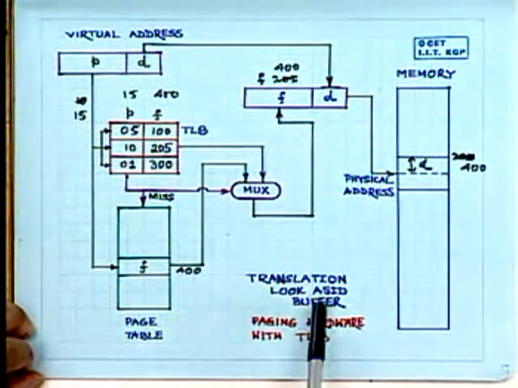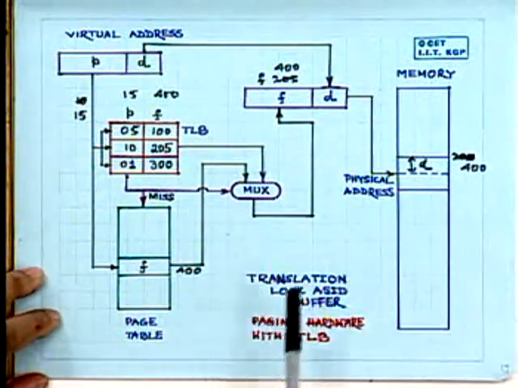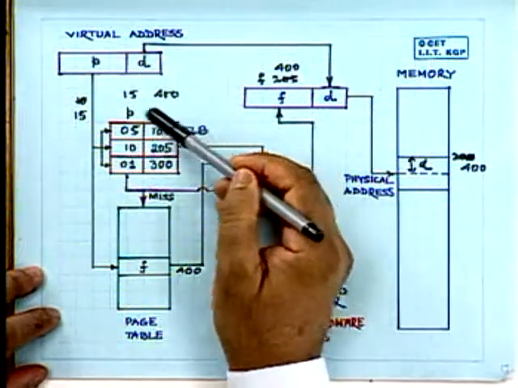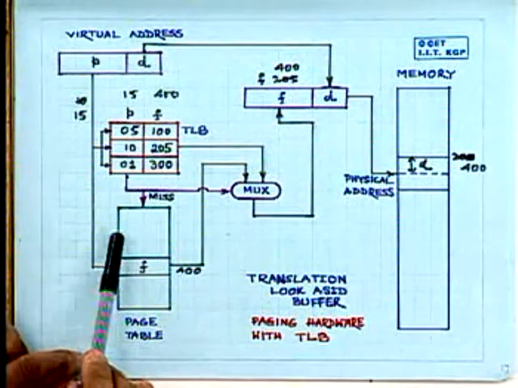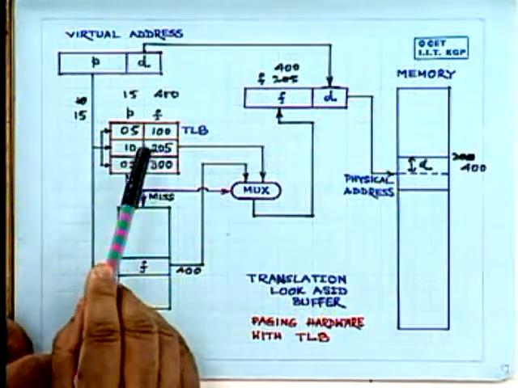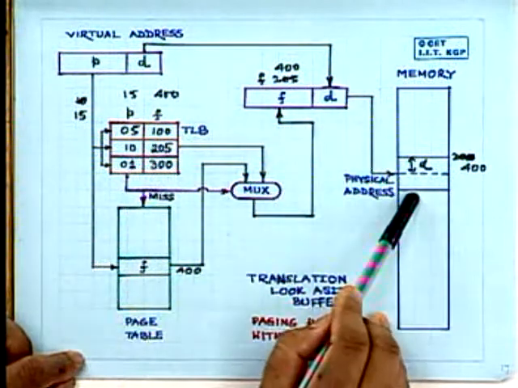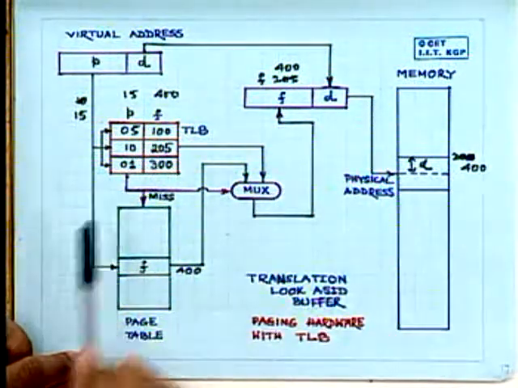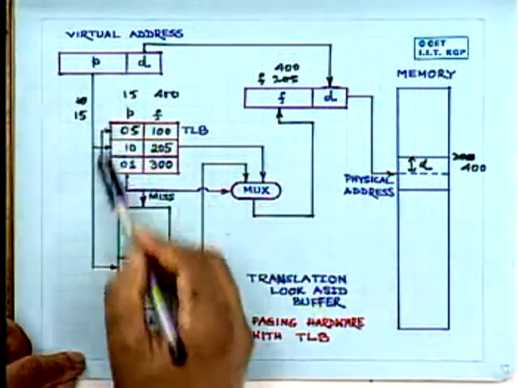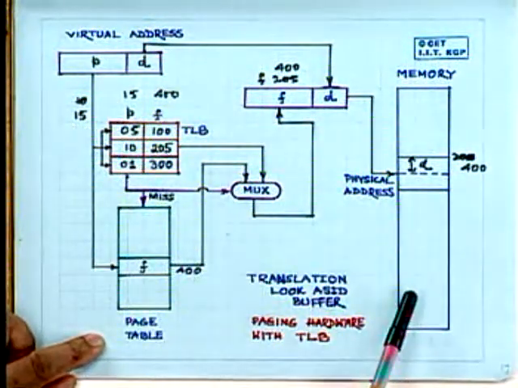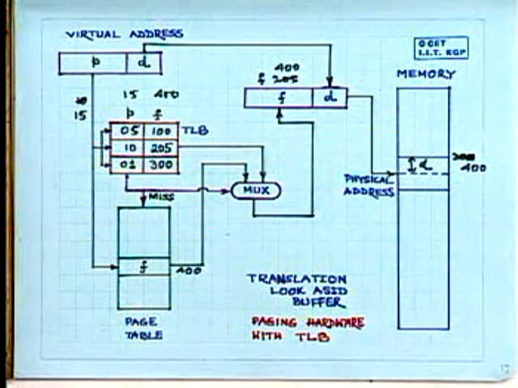Now, the advantage is immediate, okay? If the hit ratio is very good, just as in the case of cache memory, then our search is in the TLB followed by a memory access. But if it is a miss in the TLB, then the page table has to be accessed, right?